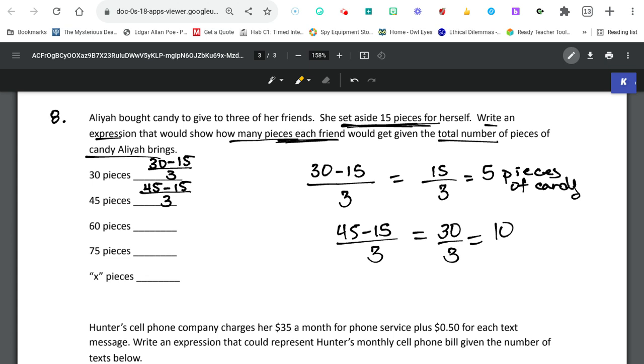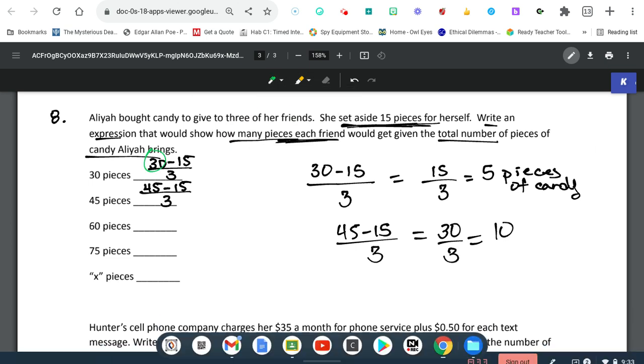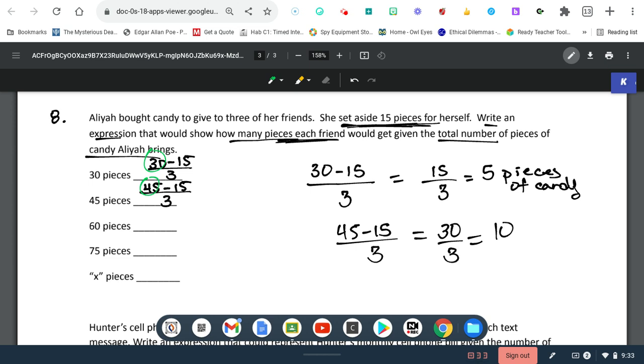All right, so let's take a look at what we have. I have a 30 and a 45, but these things are staying the same: the 15, the minus 15, and the division by 3. So that 30 represents the number of candy pieces. The 45 represents the number of candy pieces.